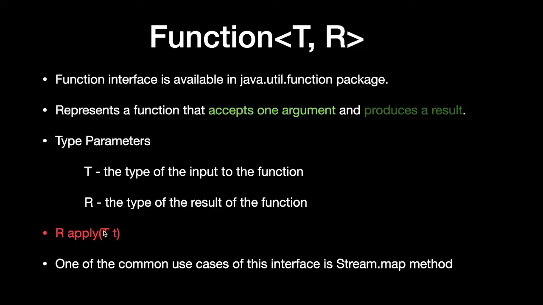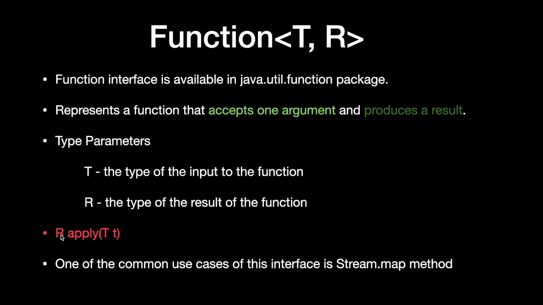If you are sending the input as an Integer, then here the type will be Integer. And it is returning the result; R means the type of the result. For example, if you are sending the input as a String and you want to return the length of the string, that is of type Integer, right? So here the R will be the Integer type. So T means the type of the input and R means the type of the result or the output.